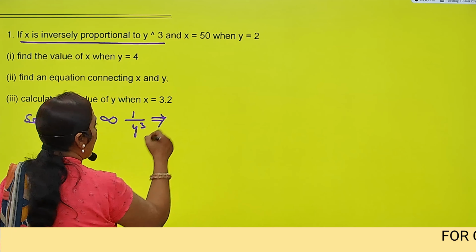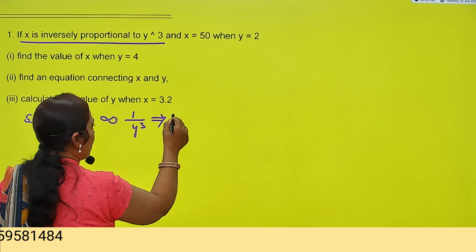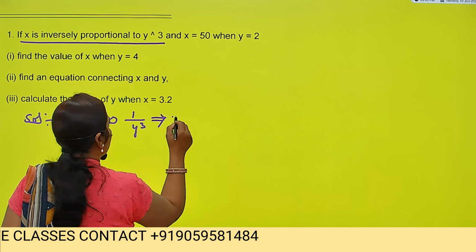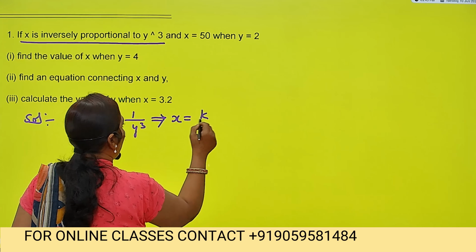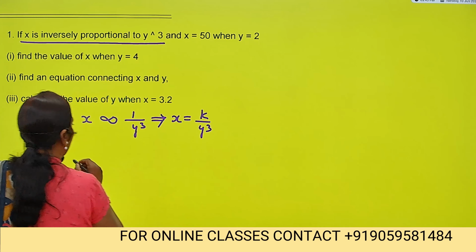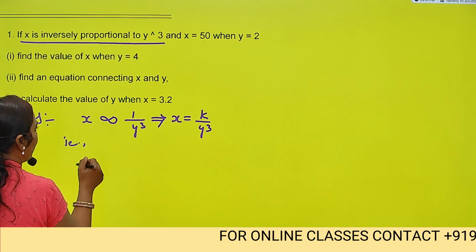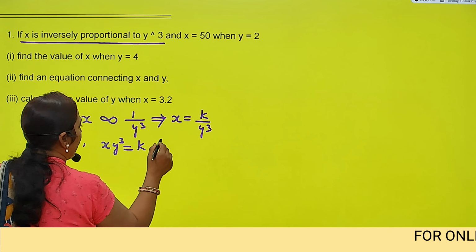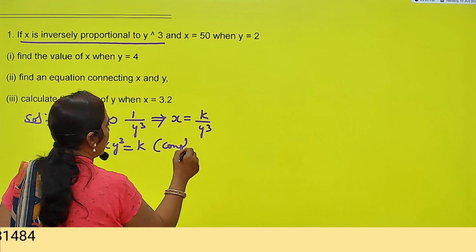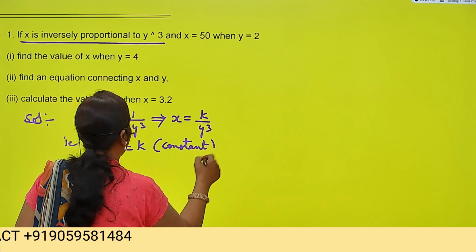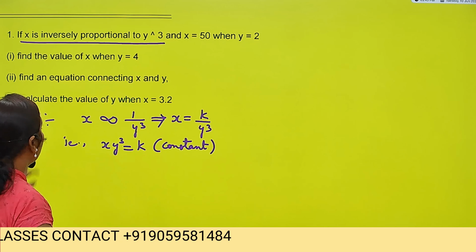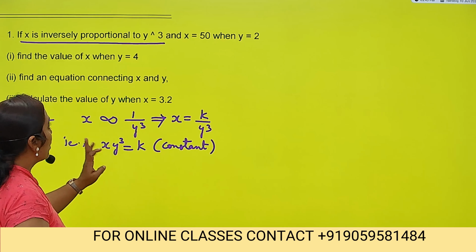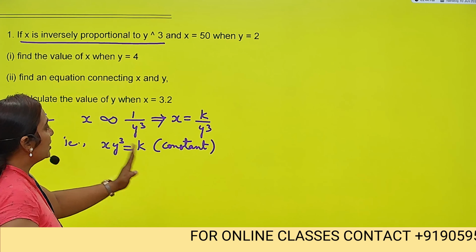From this proportionality relation, we take the constant, that is x equals k over y cube. We can write the relation of x and y as x y cube equals k. It is a constant. This is the relation of the two variables. Here x is inversely proportional to y cube means the product of x and y cube is a constant.